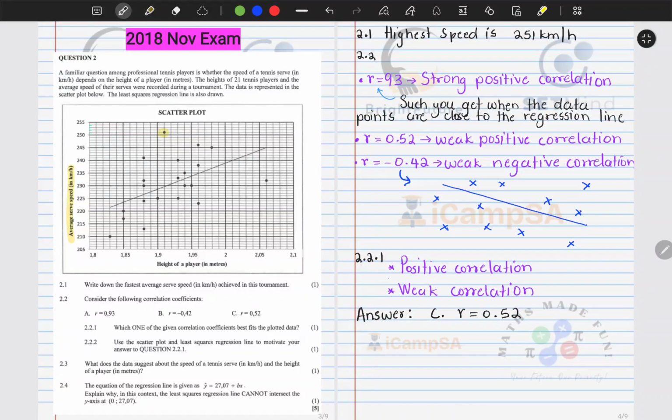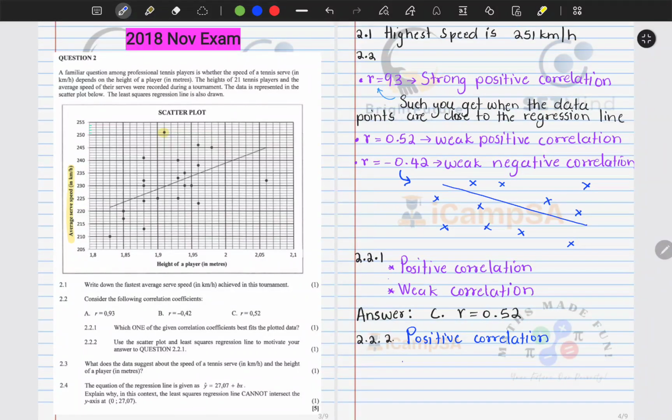Then for 2.2.2, we are required to use the scatter plot and the least squares regression line to motivate the answer for 2.1.1. I've already given the hints. Number one, we can tell that we have a positive correlation.